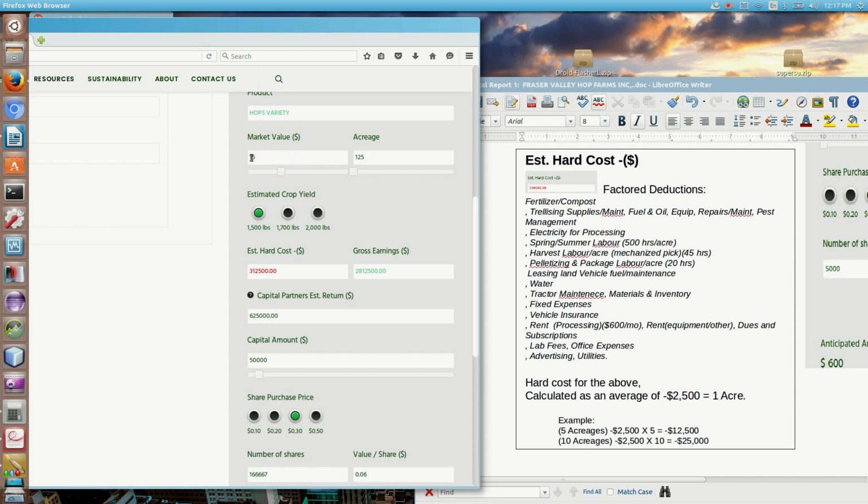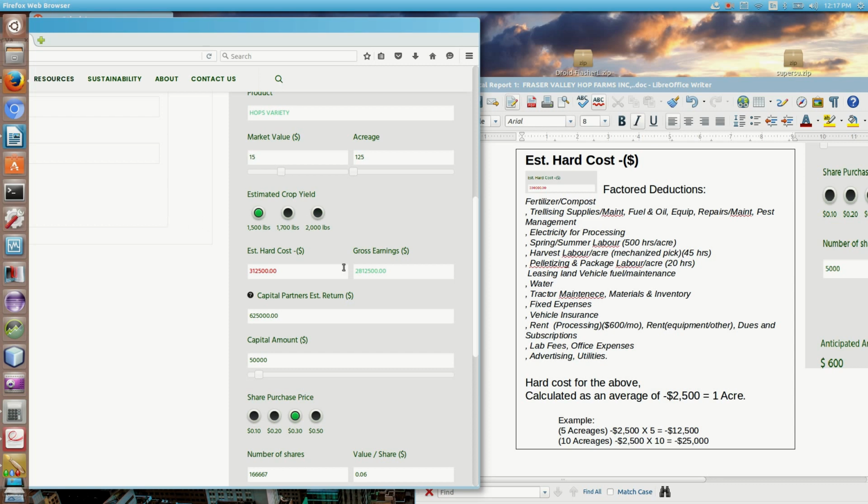If you took a look at the business plan, you'll see that in our first year we'll be producing on 125 acres at the very bare minimum, and the anticipated crop yield would be around 1,500 pounds, at least for the first few years. The hops plants have a life cycle of 25 years, and they really start producing after year 3 and year 4. We'd see this go up to about $17 and possibly 2,000 pounds.